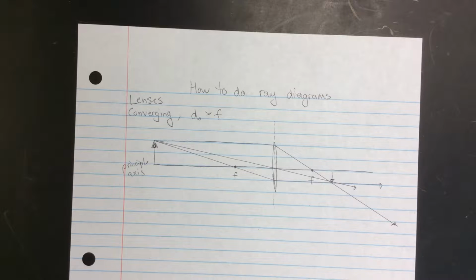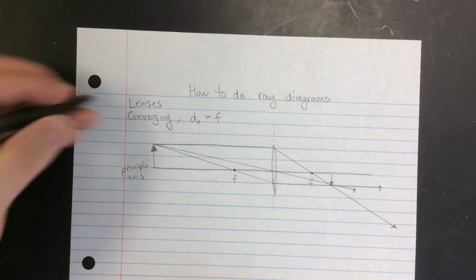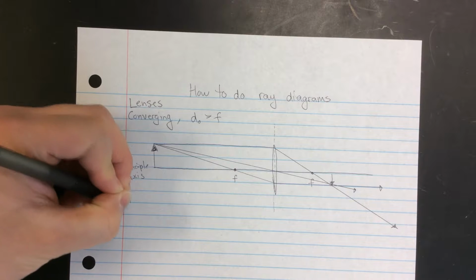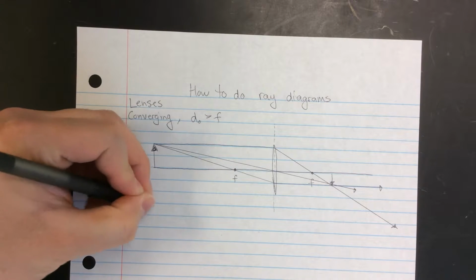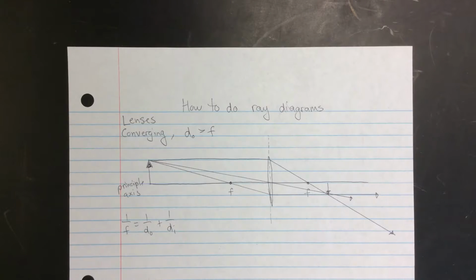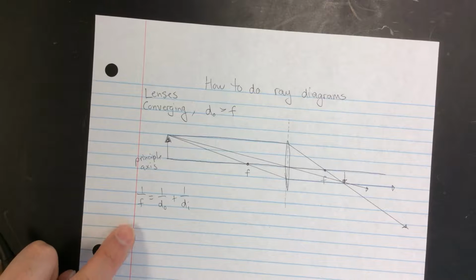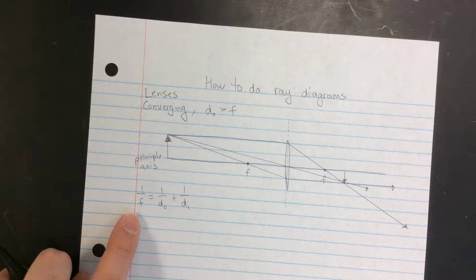Okay, so one of the equations, it's both the lens and mirror equation, is this one: 1 over f equals 1 over object distance plus 1 over image distance. This equation relates your focal length to your object distance and your image distance.